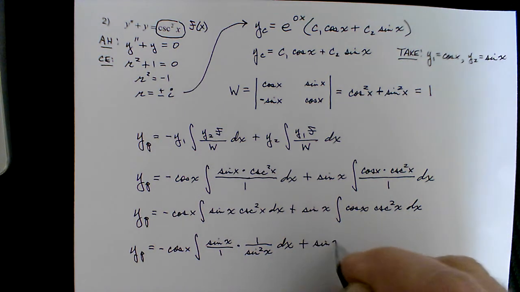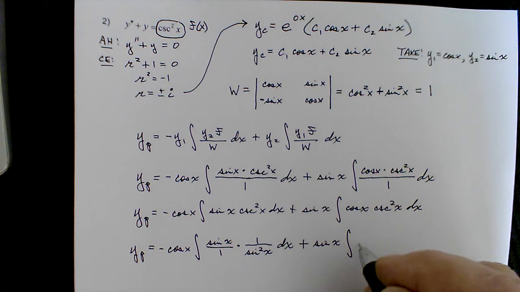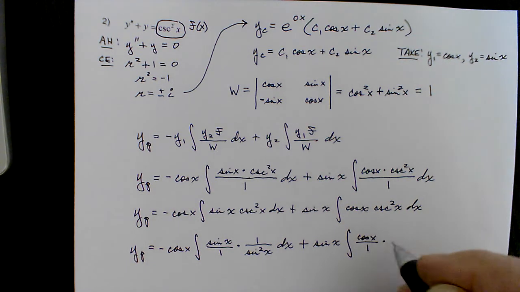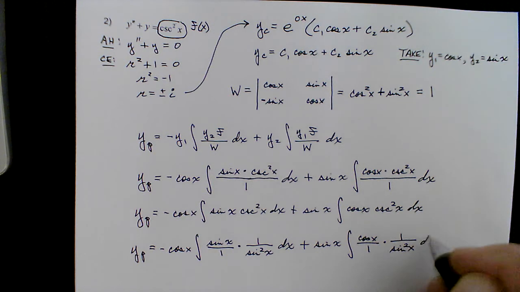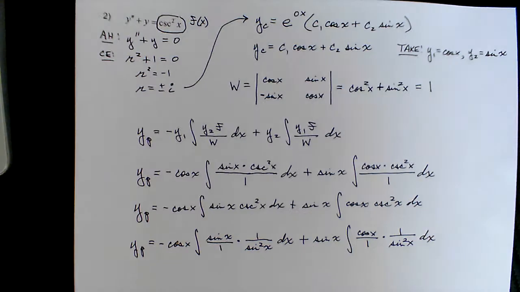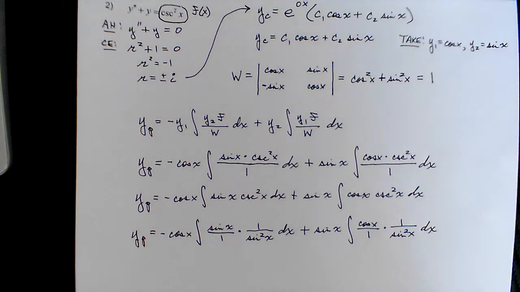Let me see what happens if I change everything here to sines and cosines: cosine x over 1 times, again, 1 over sine squared x, which is the reciprocal identity for cosecant squared.